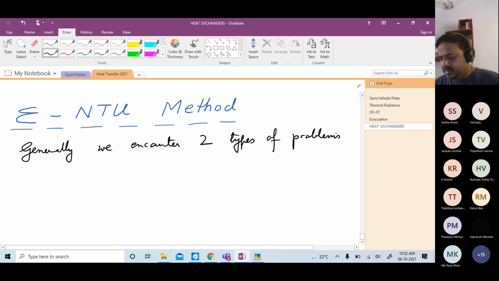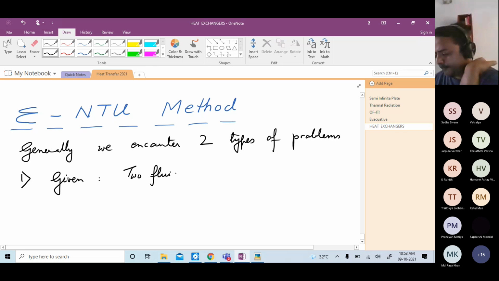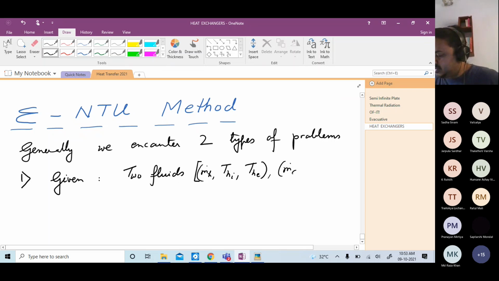What are those? Type 1: you are given the two fluids. What does that mean? It means your m dot h, THI, THE, and m dot C, TCI, TCE.